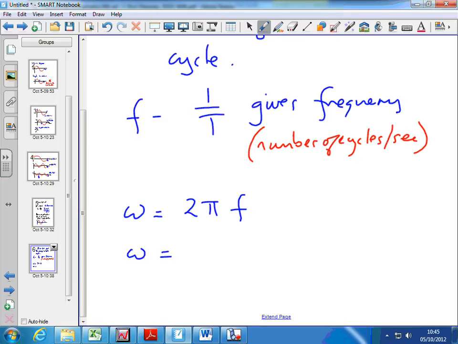No? Right, yes, it would be t underneath the 2 pi, because instead of the frequency, I put 1 over t. So if I read off directly from the graph what t is, 2 pi divided by that will give me the angular velocity. So you can confirm that. If you put some values in, you put in your omega, you can confirm that works by reading it off the graph. Okay?